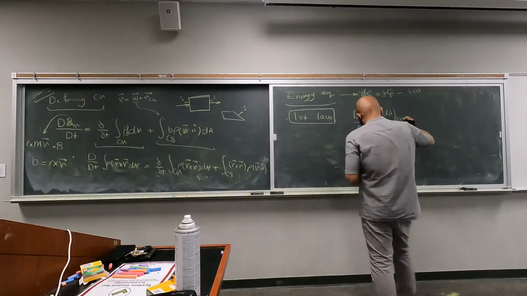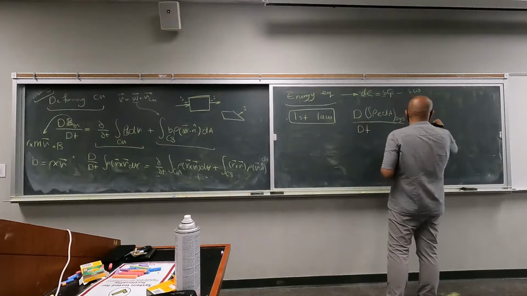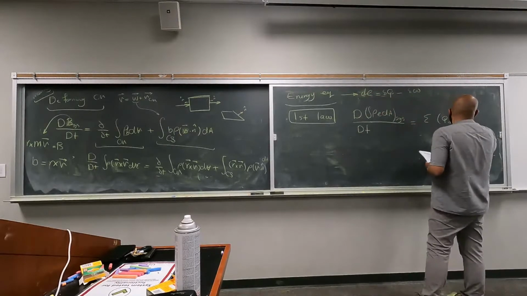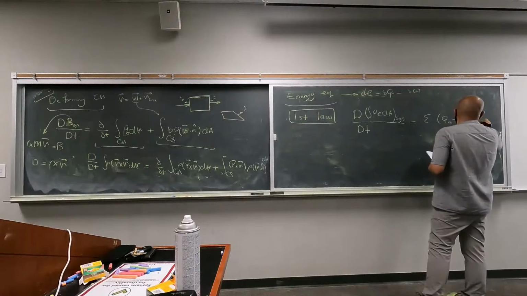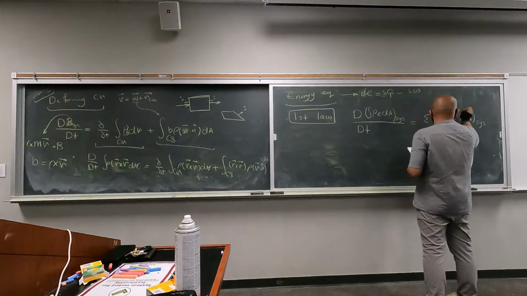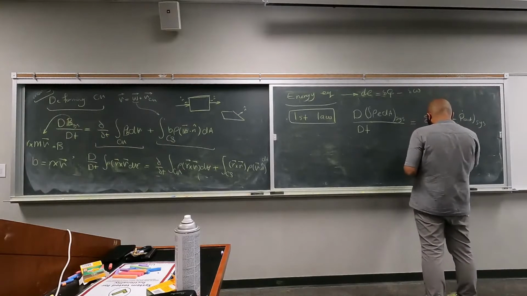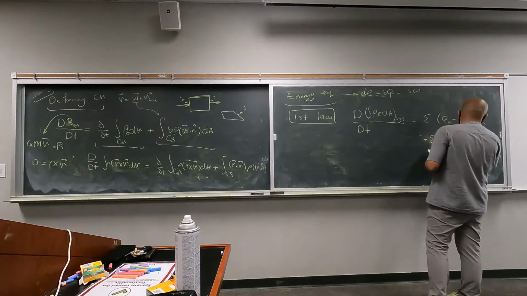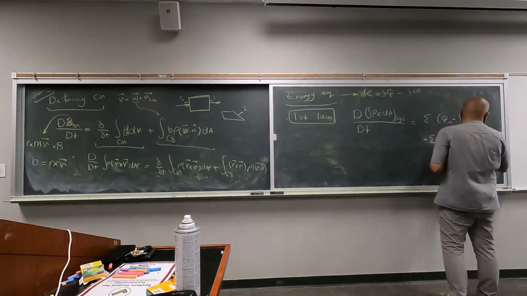It is going to be equal to the sum of Q in minus Q out of the system, plus Q dot, W dot in of the system.